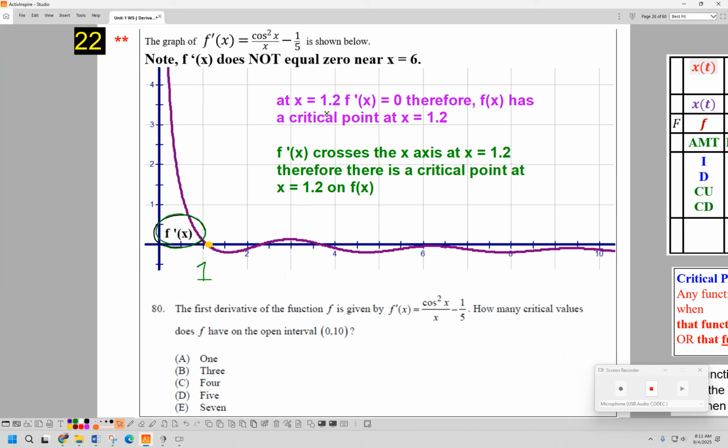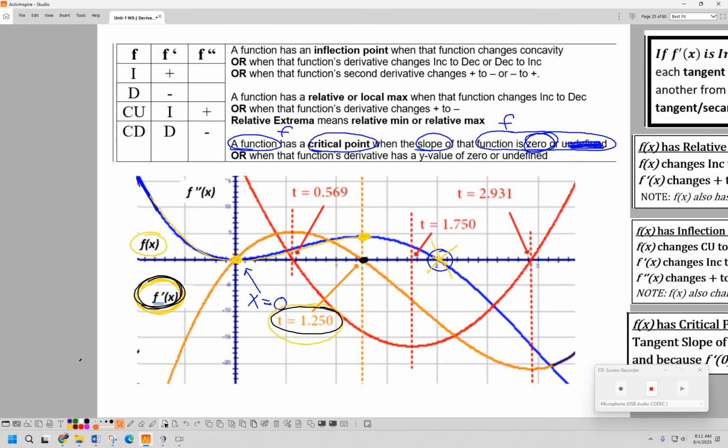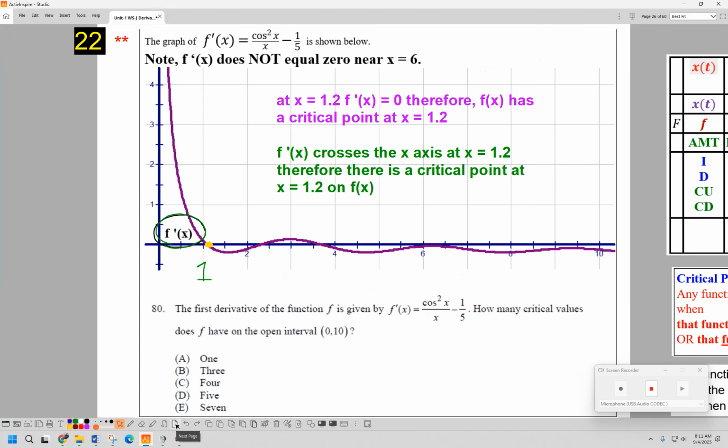I think the crossing thing can cause a mistake, and here's why. If you have an f prime graph, this picture on the reference shows it pretty well. No, that one didn't. Never mind. If you have an f prime graph that just barely touches y equals 0, it's actually not touching here, so that doesn't work.